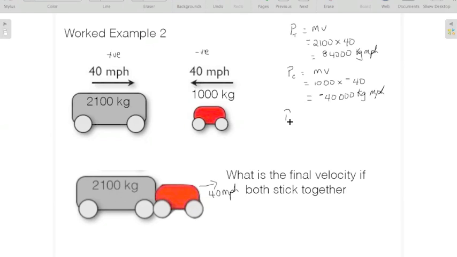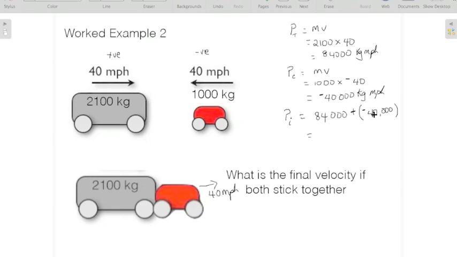So the total momentum of the system, the total initial momentum of the entire system is 84,000 minus, right? Because, okay, if I do it in stages, I can say plus, I'm putting brackets, negative 40,000.